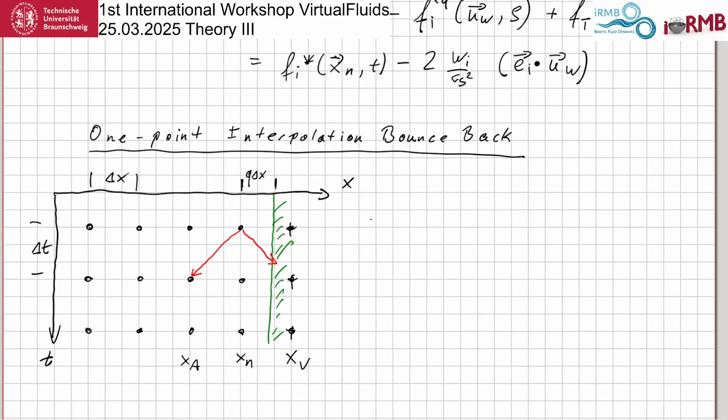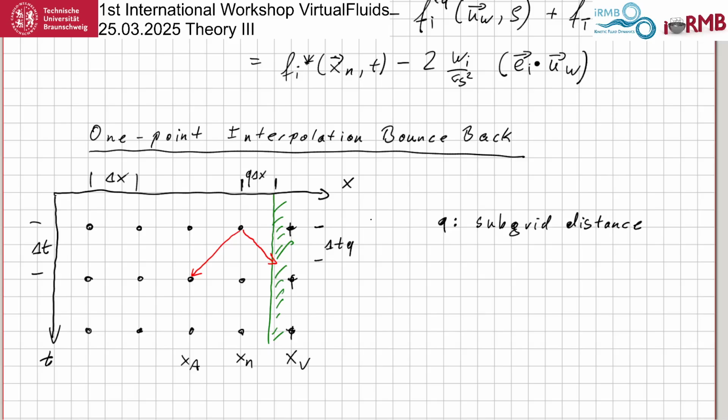In addition to the distance delta x times q, we also have a distance in time, which is delta t times q. And you see, this is basically the same, because it's the same q. And this q, now this is important because this is something that's in the code, right? This is the subgrid distance.